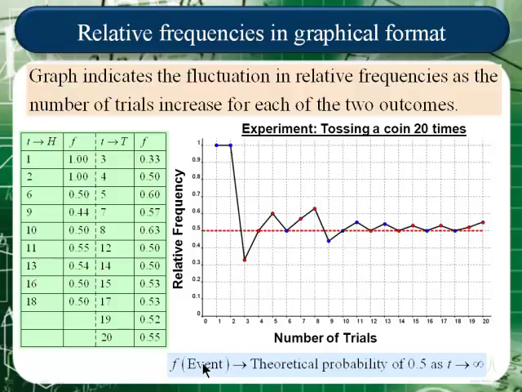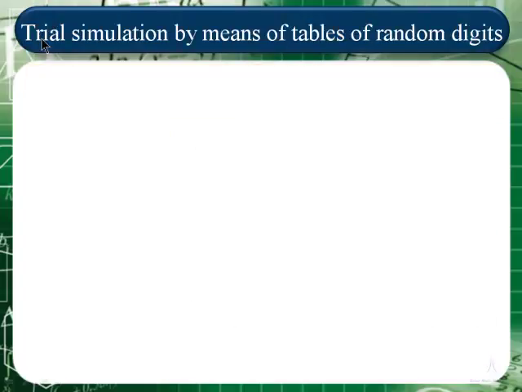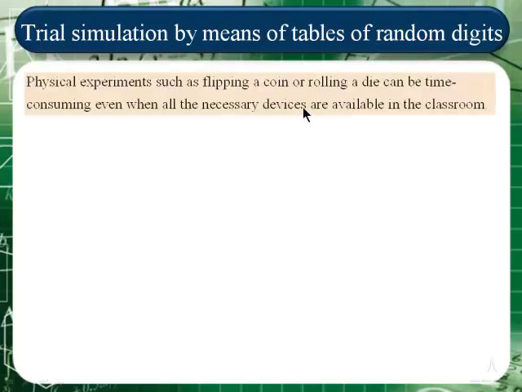So what can we then say? The frequency of an event tends to the theoretical probability of 0.5 or a half or 50% as the number of trials tend to infinity or tends to a very large number. Next we focus on trial simulation by means of tables of random digits.